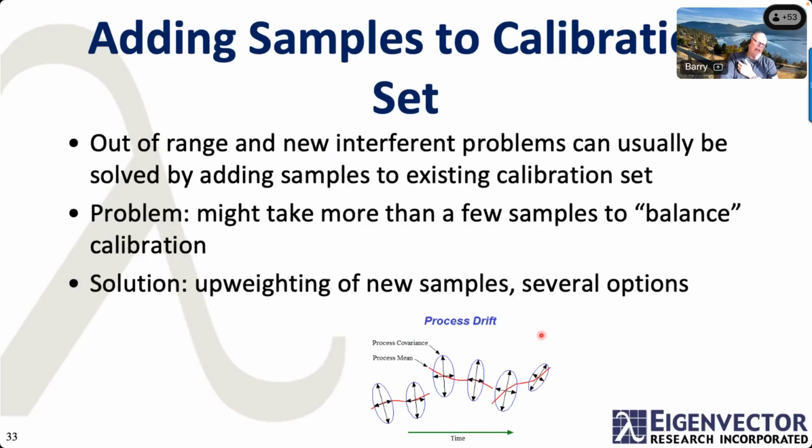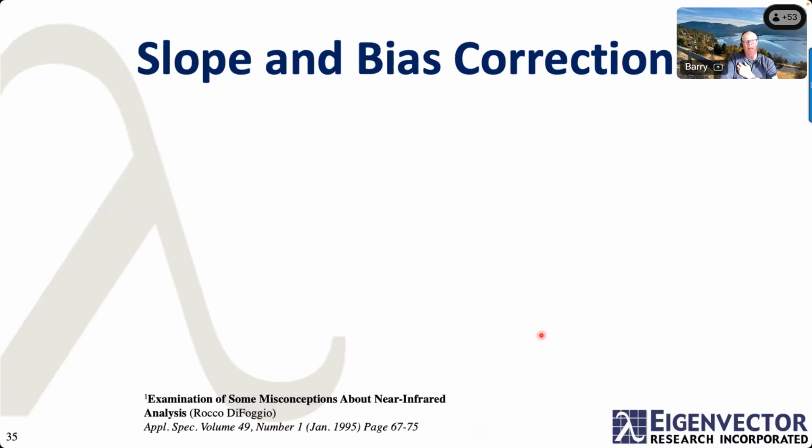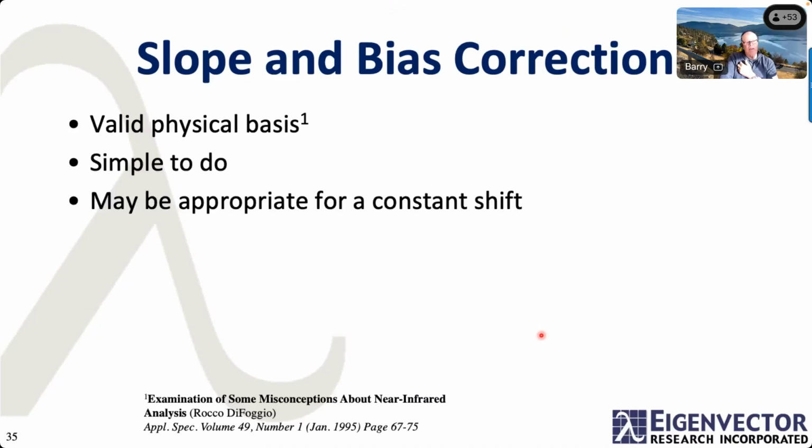One solution to that can be upweighting of new samples, and there are several options available for doing that. Another thing that you can do is slope and bias correction. There is some physical basis for doing this. There's a reference below. It's simple to do. It might be appropriate for a constant shift.